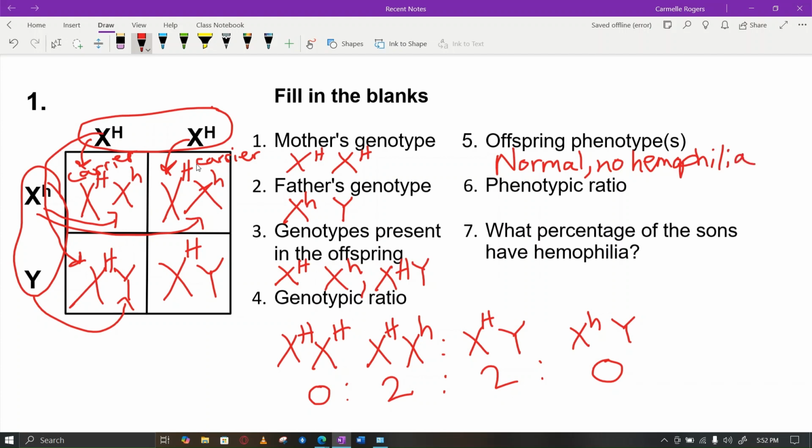The phenotypic ratio would be 4 who are normal to 0 with hemophilia. Next, what percentage of the sons have hemophilia? And again, none of them. None.